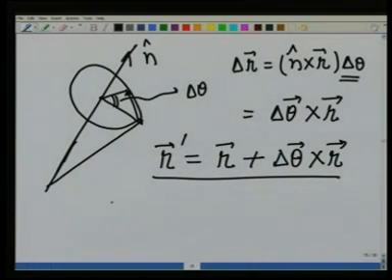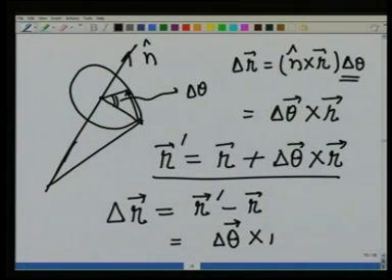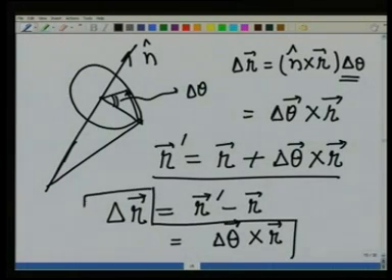Therefore, this is the general result, that if a vector rotates about an axis in unit vector direction n by a very small angle delta theta, I can write the change as this cross product. This is an absolutely general result.